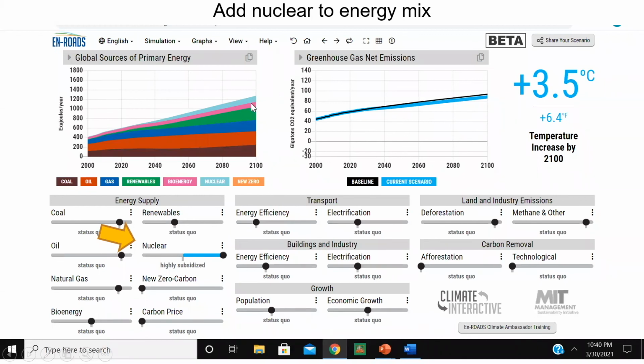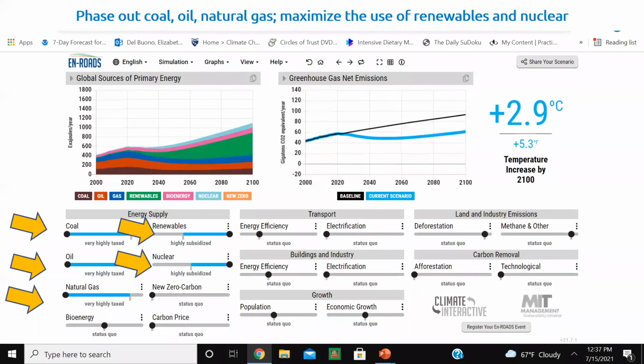Well, we see that wedge definitely increases, so we're using more nuclear. And we see that our emissions again come down to about 6.4 degrees, so just down 0.1 degree Fahrenheit in terms of our average global temperature increase. So a good thing to do, but we need to do more. Let's really focus on this energy supply and do some other things to change up our energy mix.